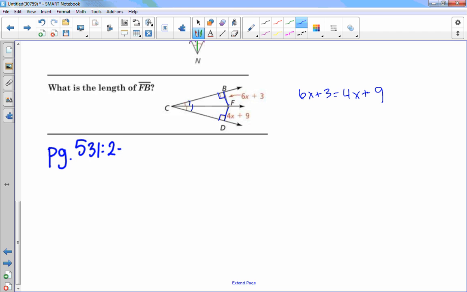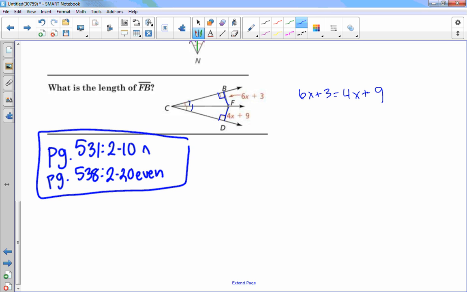Put in numbers 2 through 10. As you can see, these aren't very difficult, as long as you know the theorem you're allowed to use. And then page 538, 2 through 20 even.